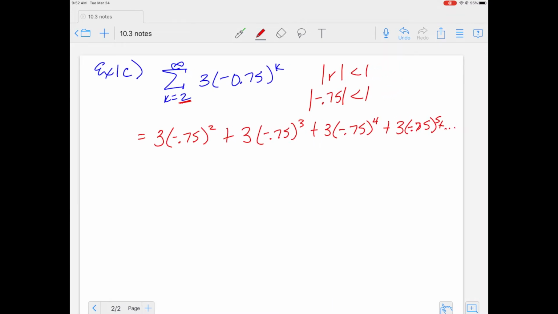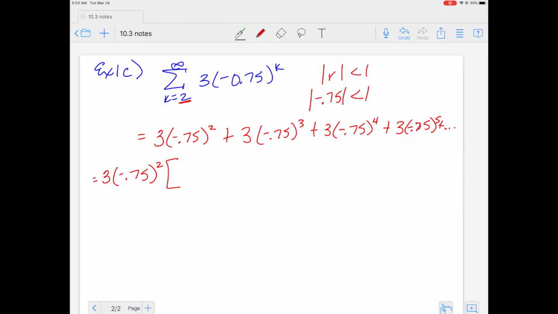If I'm looking at what's in common with all of these, there's a 3 in common with every term, so I can factor that out. What else? Yes, negative 0.75 squared is also in common. Do you see that? Here, you take out your smallest exponent. There's a negative 0.75 squared that I can take out of all of these.